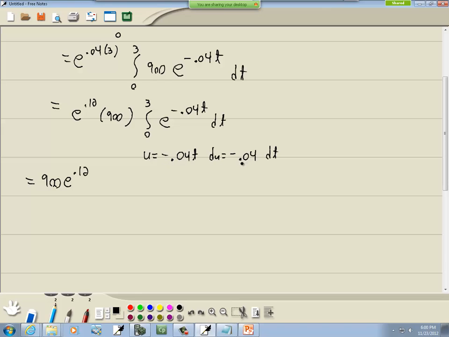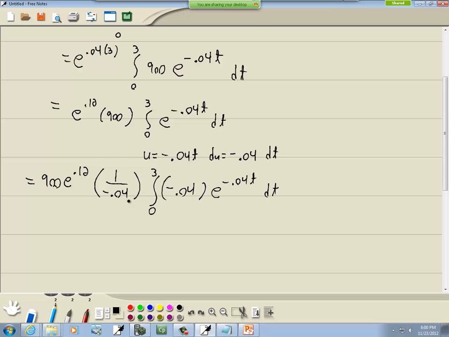Now we need a negative 0.04 inside, so we'll offset it by putting 1 over negative 0.04 out in front. 0 to 3, negative 0.04 e to the negative 0.04 t dt.